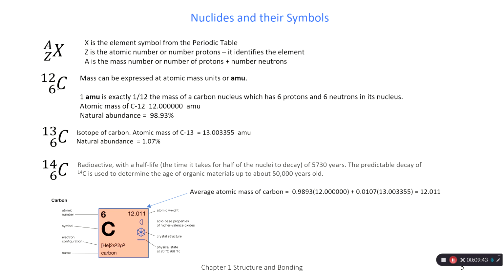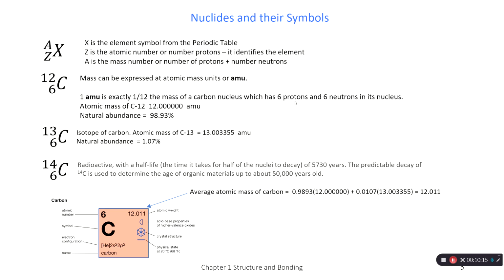Let's take some examples since we're talking about organic chemistry. What about carbon? Well, there's three isotopes of carbon that are shown here: carbon-12, carbon-13, and carbon-14. Well, carbon-12 is sort of the standard here for the rest of the periodic table. And we can express its mass in atomic mass units, or AMUs. And it turns out that 1 AMU is exactly 1/12 of the mass of the carbon nucleus.